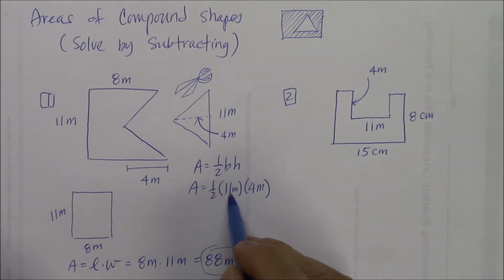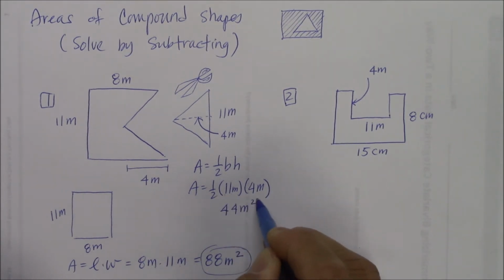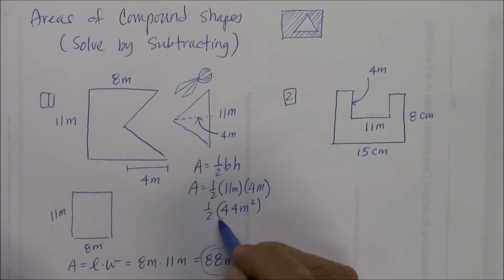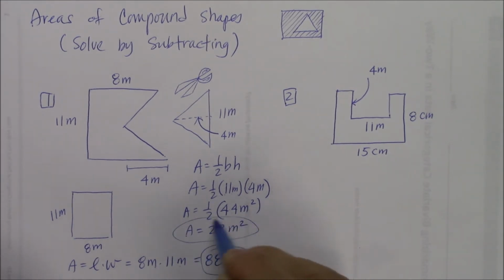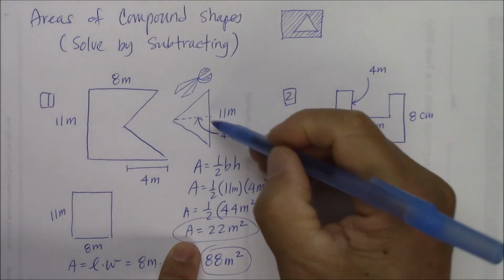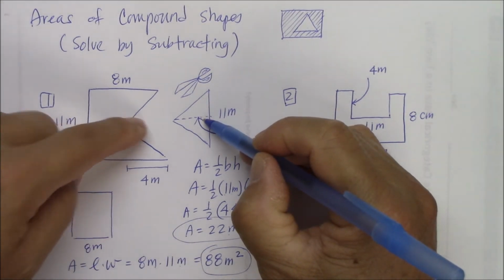So let's multiply 11 times 4, which is 44 meters squared. And if I multiply 1/2, or divide it by 2, or simply half of 44, is 22 meters squared. Yay! So I found the area of a triangle that is missing from here.